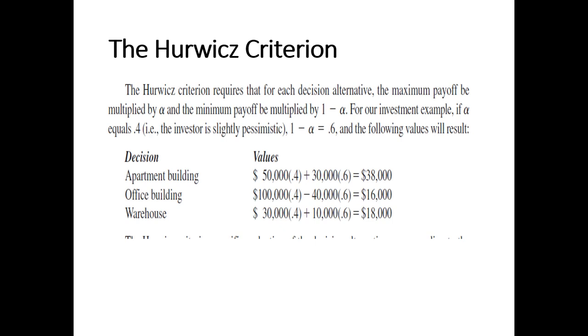So add 50,000 plus 0, add 0 plus 70,000, add warehouse 70,000 plus 20,000. Now let's look at the values. We will get 50,000, 70,000 and 90,000. So taking into account both good and bad economic condition, which one gives us the minimum regret? It is apartment building, because 50,000 is less than 70 and 90.